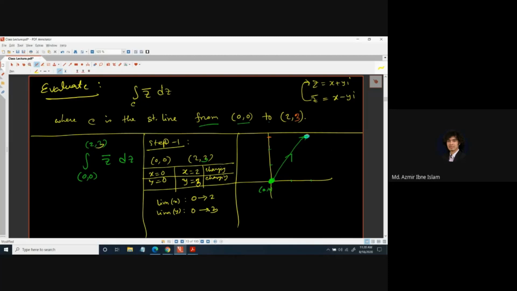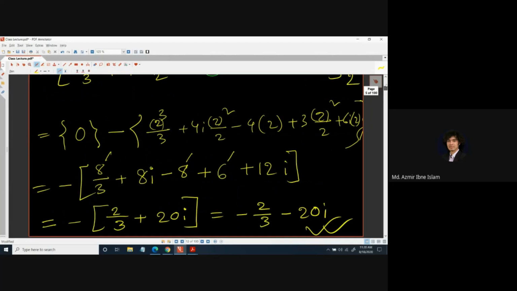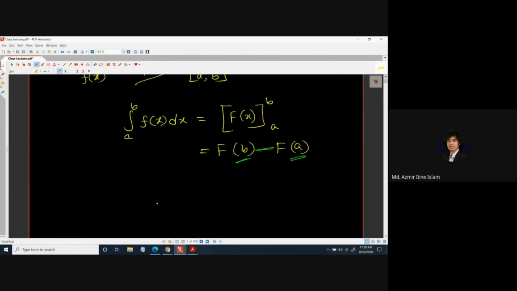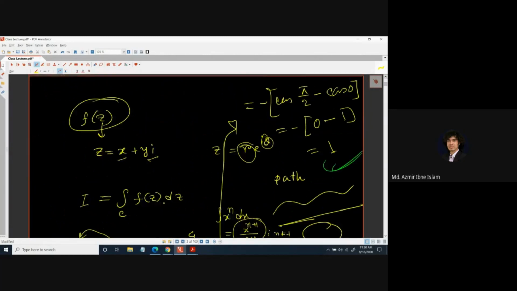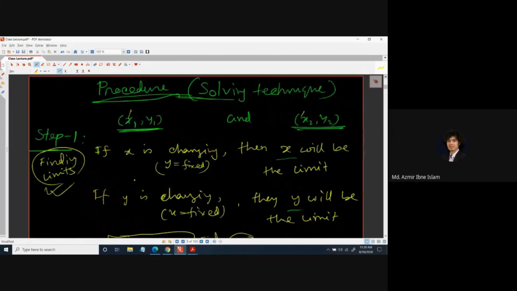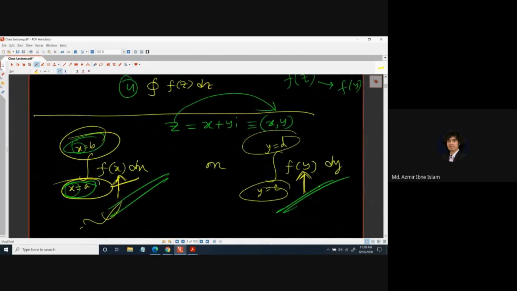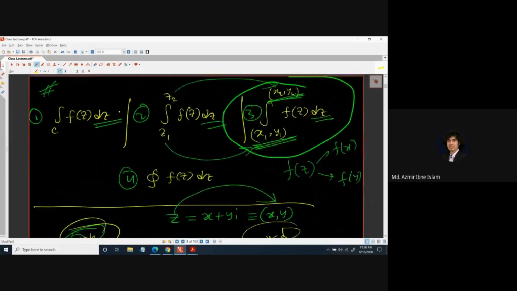So if we find both x and y are changing, that means both x and y can be the limit, but our target is to keep only f of x dx or f of y dy. That is the thing I discussed earlier at the very beginning of this session, that we have to keep either the f of x or f of y form if we have f of z.